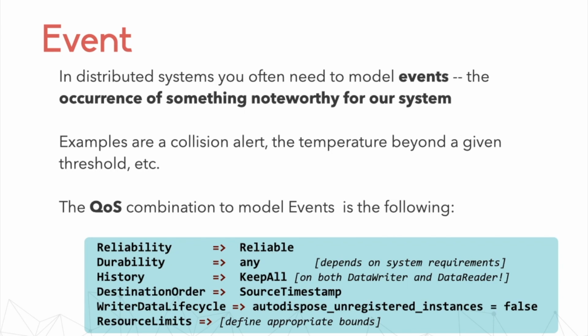Durability really depends on your system requirements. Keep all history. Source timestamp for the destination order is sufficient. And again, you want to disable the auto-dispose of unregistered instances, and then, as we are using keep all history, it's always good to define resource limits to essentially bound the amount of memory that you might use.